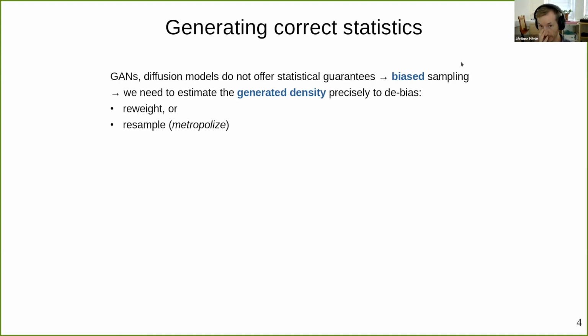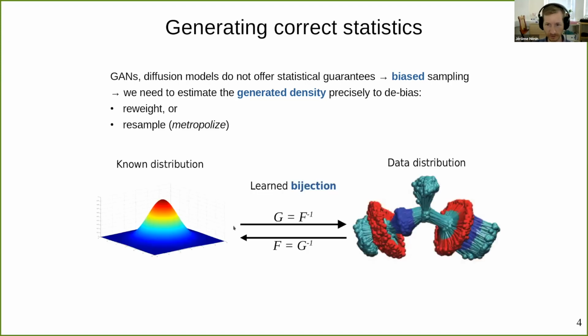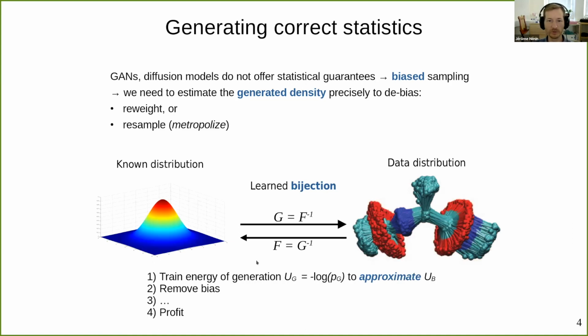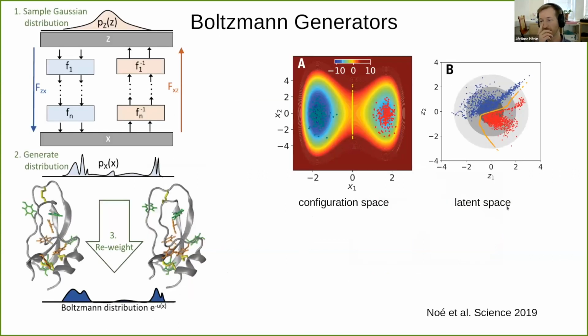So what we want here is to be able to estimate the generated density precisely to debias, either by reweighting the samples or by resampling them, metropolizing them, if you will. So the scheme becomes: you learn it by injection, you go both ways, you train the generation energy U_G, like P_G, to approximate U_B, and it doesn't matter if it's not perfect, and then you can debias, and then compute stuff and profit.